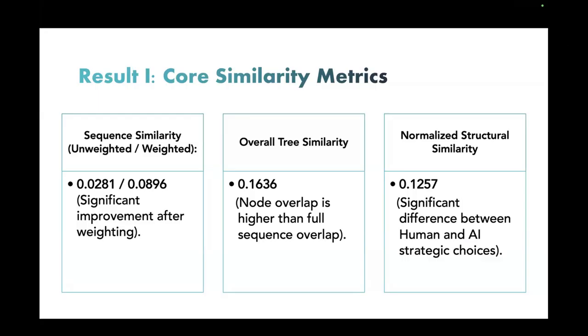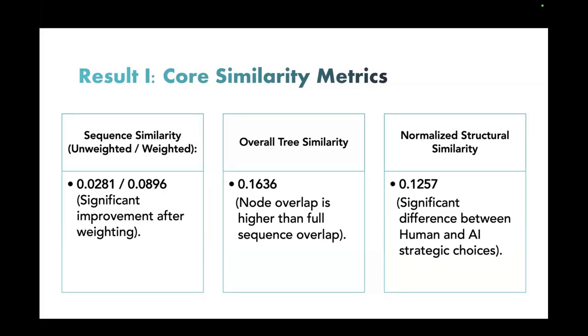The human expert is more likely to choose positions that they are familiar with. So the game tree that the human expert played or chose may be more concentrated, and the game tree that the AI generated or extended may have more diversity.